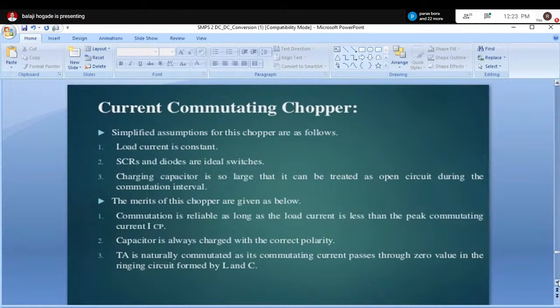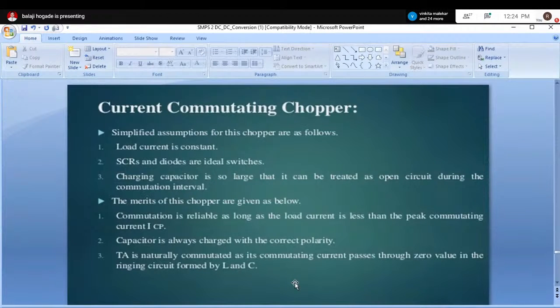Peak capacitor current, the maximum current flowing through the capacitor. If it is 50 amperes, then our load should be less than 50 amperes. It should be 45 or 46, 47, not greater than that. It should be less than the peak capacitor current ICP.